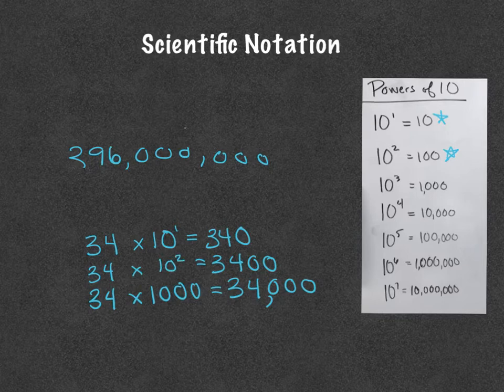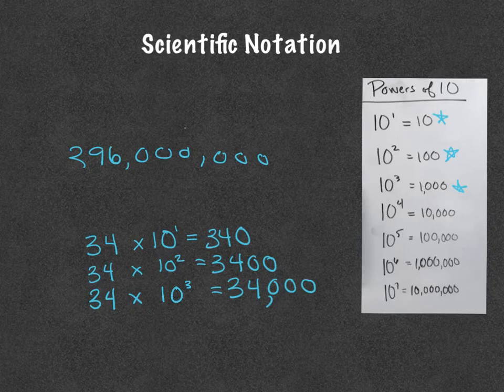So 34 times 10 to the second power. Then times 1,000, 1,000 is equivalent to 10 to the third power. So you can see that you can use these powers of 10 to represent larger numbers, right?